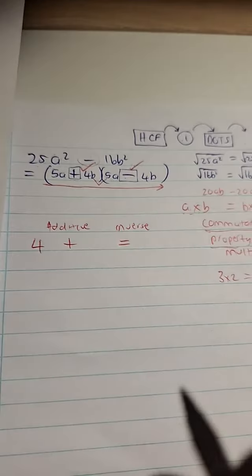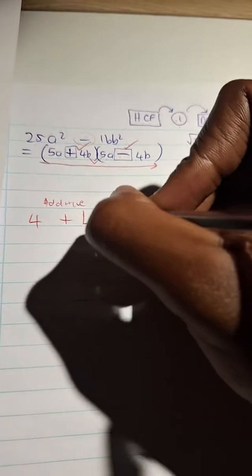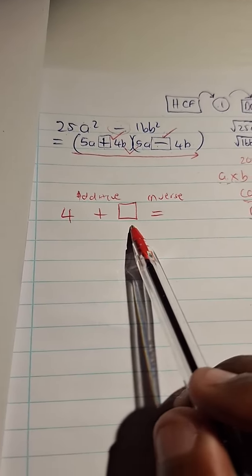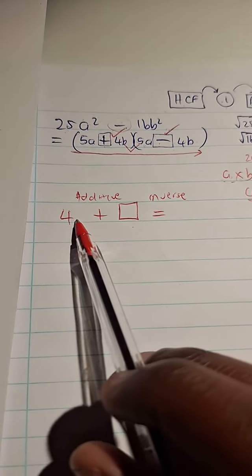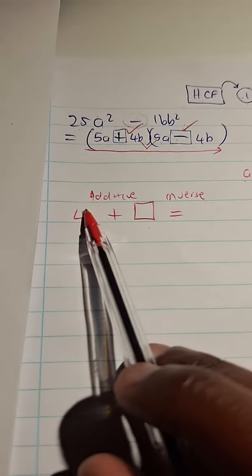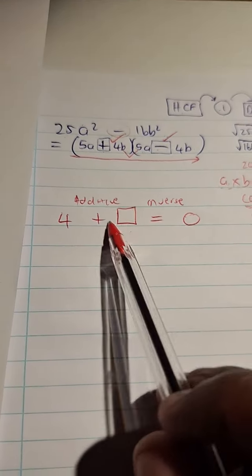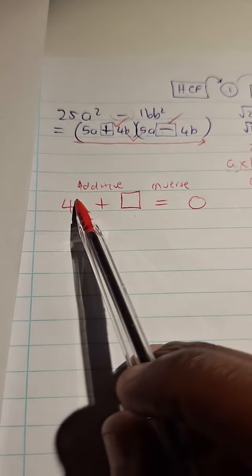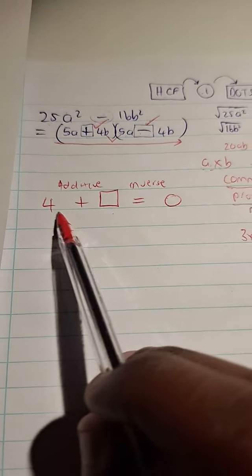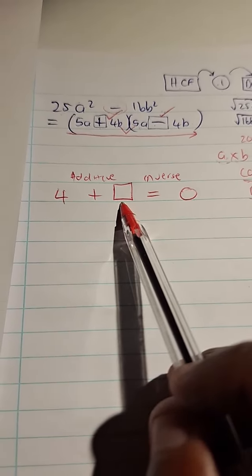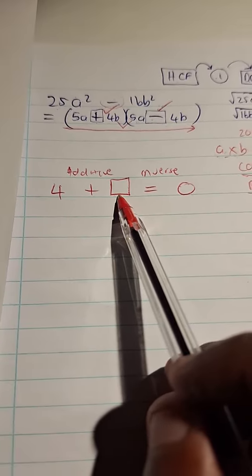Then what I'm asking you is, what is the number, fill in the blank, which when 4 is added to it will give me 0. Any additive inverse of another number, when I take these two together, should give me 0. So what is that number? You tell me, fill in the blank.